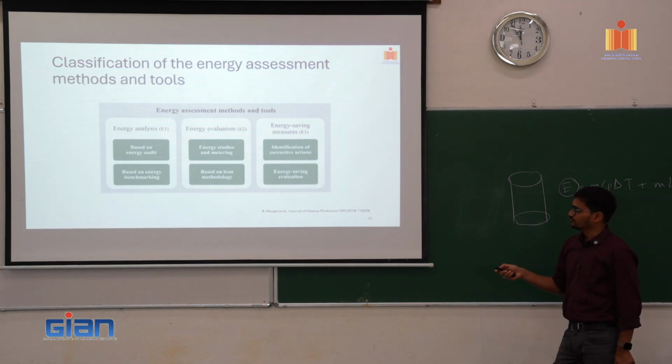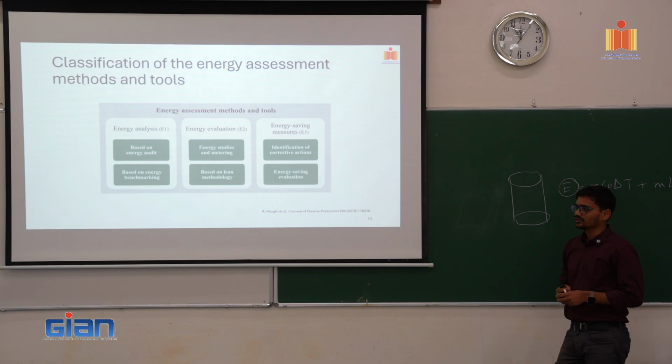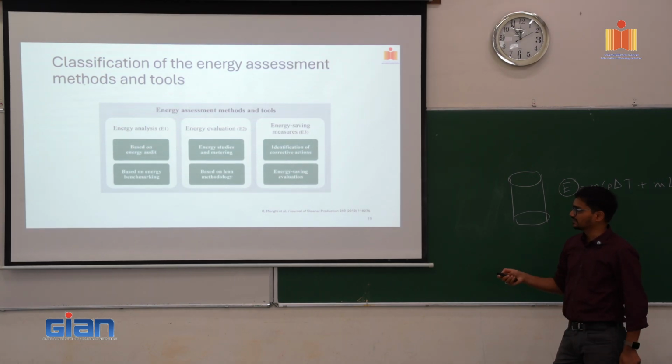One of the ways is to do a basic energy analysis. You have to look at what is the energy in and energy out, and that can be based on energy audit or energy benchmarking.